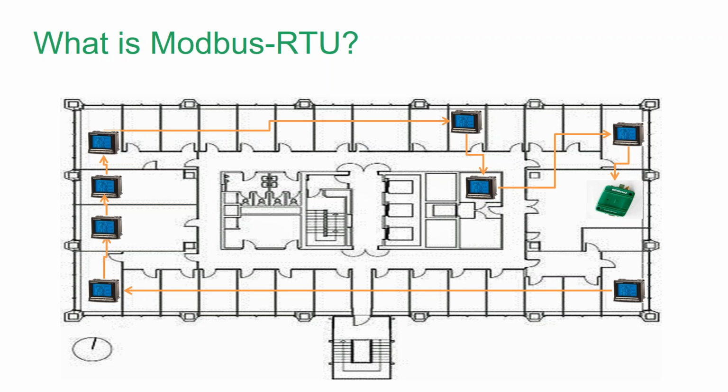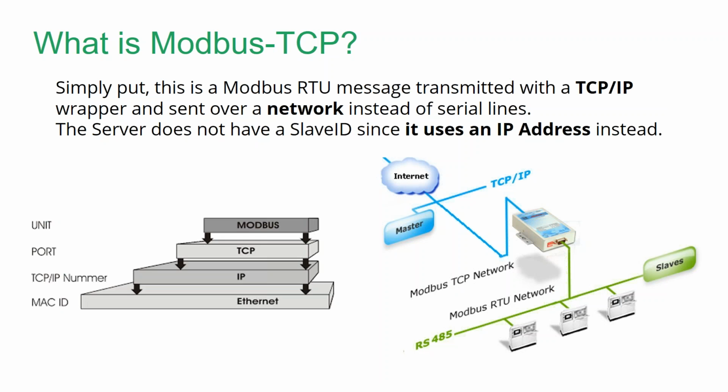So here is where Modbus TCP makes sense. Modbus TCP is the same. It's like a Modbus RTU message that you can put in a wrapper and send over the internet, or over your Ethernet network in the building. Graphically, I've chosen these two images.